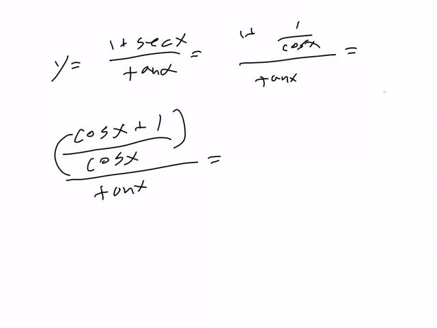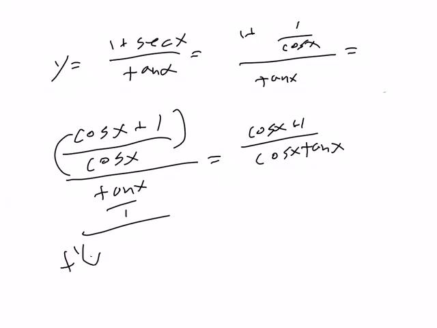So over here, we imagine this is over 1. You get cosine x plus 1 times 1 over cosine x tan x.